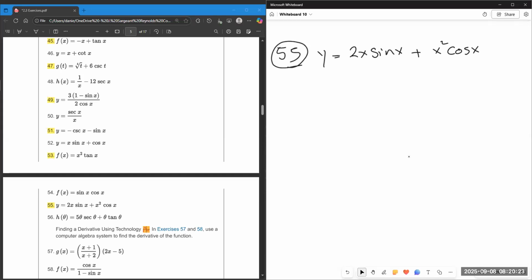So let's call this function here f of x, and let's call this function here g of x for right now. And we know y prime is going to be f prime plus g prime, like that. So let's work on each of them individually here.